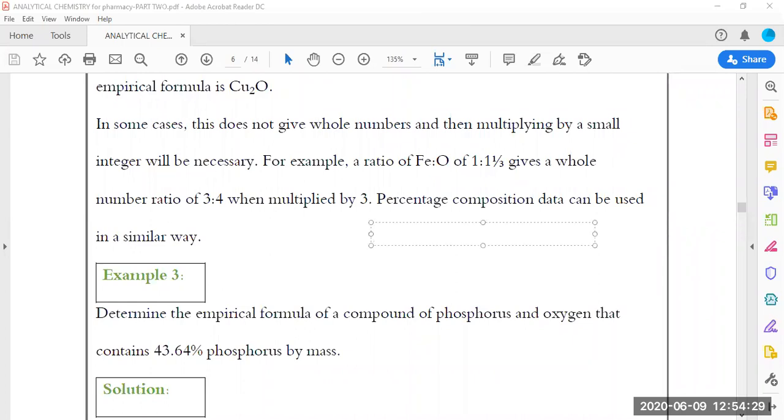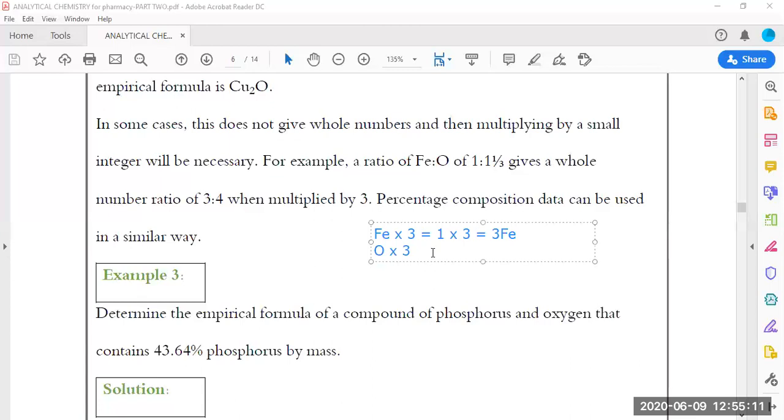Let's say Fe something times 3, and O times 3 again. So for Fe, we get 1 times 3, so 3 Fe.